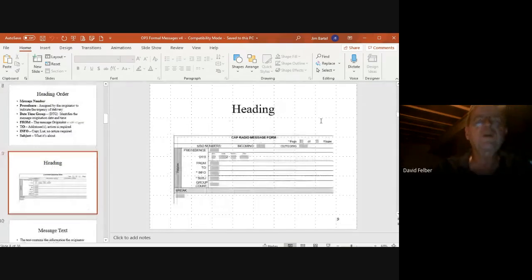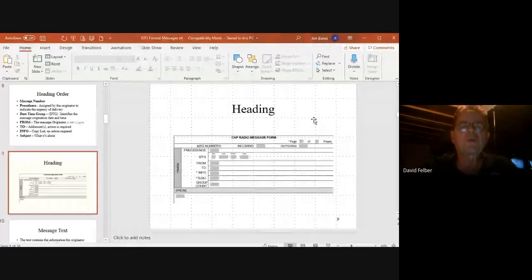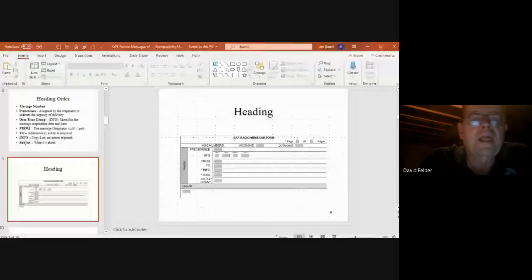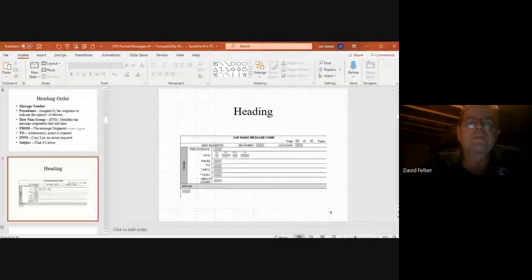Okay, so here is the heading part of the CAP Form 105. Notice at the top there's a message number. It could be the message number that you put on it if you're originating the message. If you're receiving the message from someone, under incoming, you would write the message number they give you.